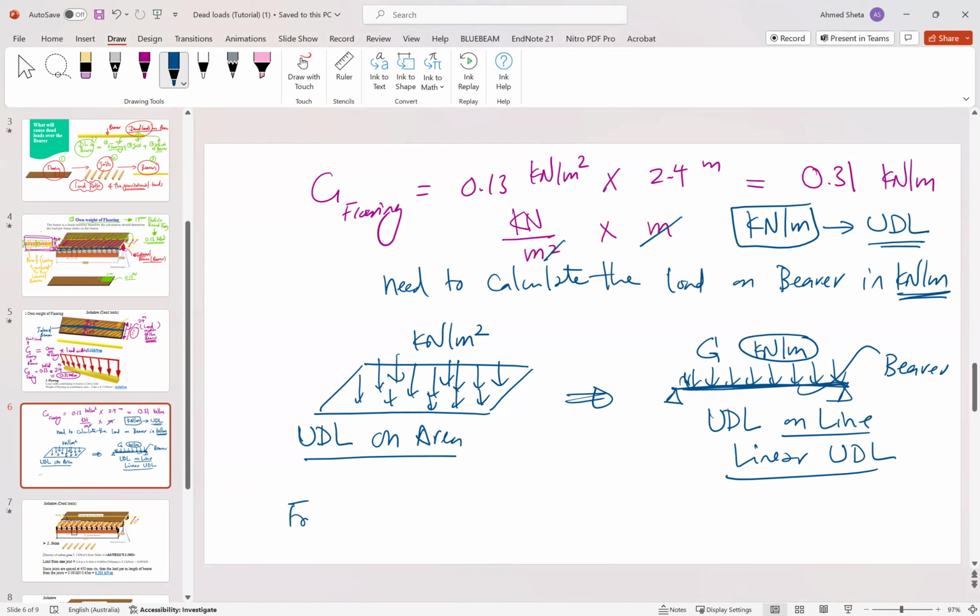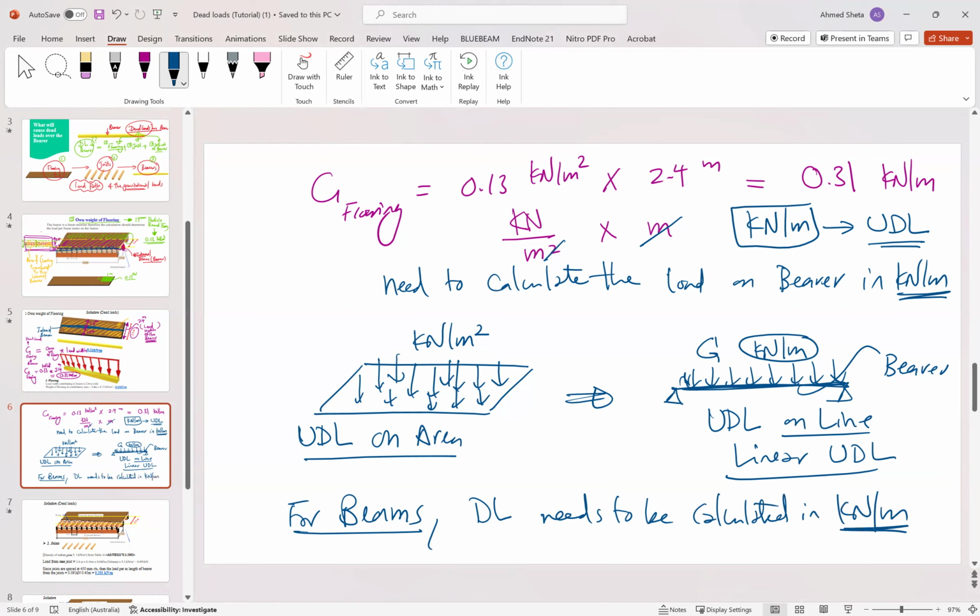So for beams or bearers, dead load needs to be calculated in kilonewton per meter. This is very important information you need to keep in mind. So this is how dead load on beam or live load on beam will be calculated in kilonewton per meter.